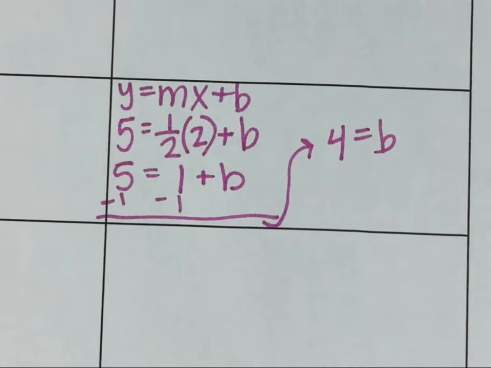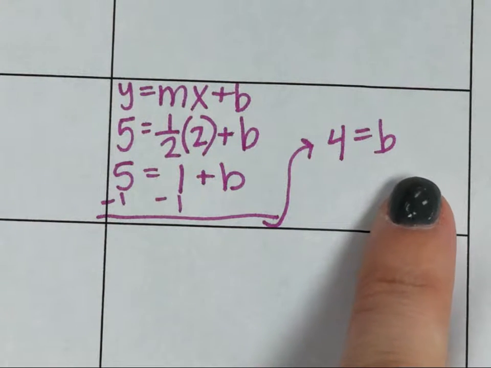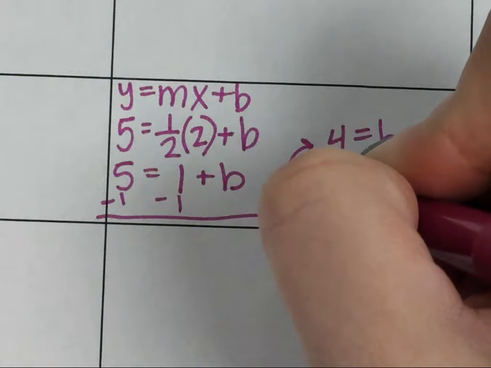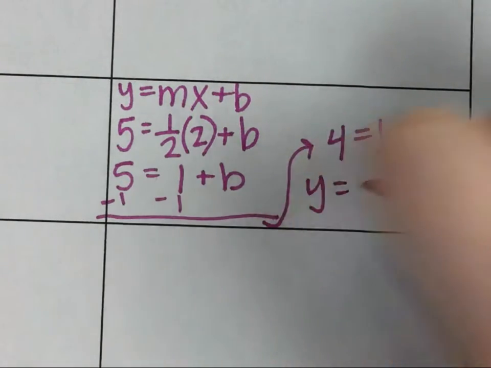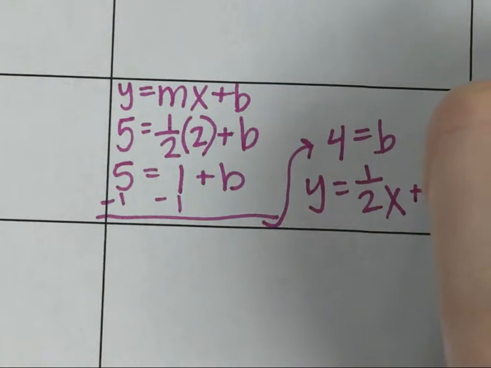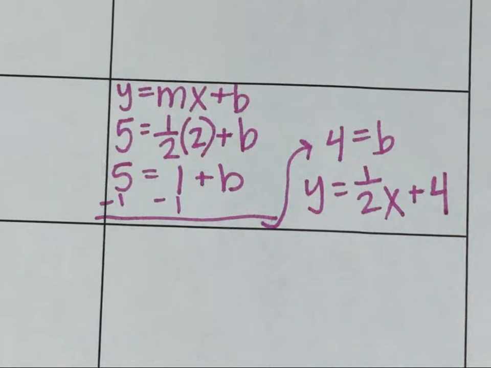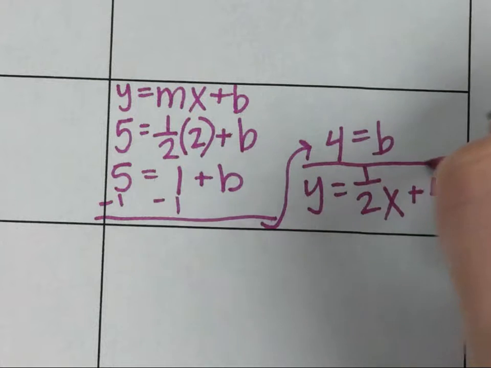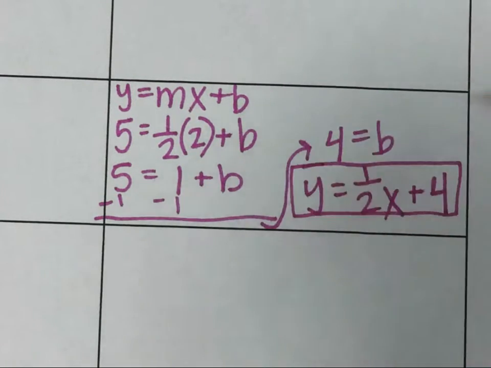Okay. So I'm given my slope. I already know that slope is 1/2. And then I found out that my y-intercept is b. So now I can write that into slope-intercept form. So y equals mx. M is 1/2. So 1/2 x. And then b is 4. So my equation in slope-intercept form is y equals 1/2 x plus 4.